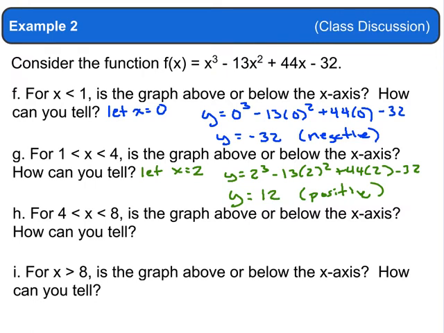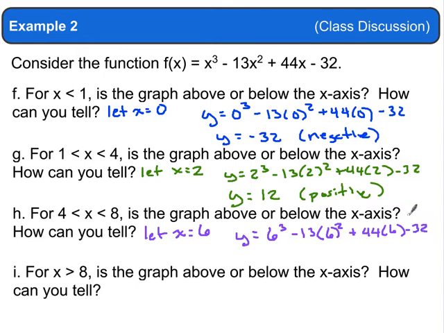Let's say we look at the next one between 4 and 8. Let's say we let x equal 6. So that means I'm going to put y equals 6 to the third power minus 13 times 6 squared plus 44 times 6 and then minus 32.